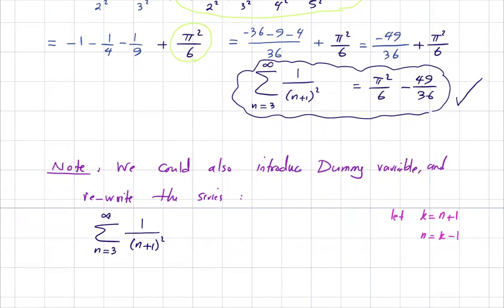So this can be written as the summation of 1 divided by, so far, k squared, all right? But where does my k start? When n is equal to 3, my k becomes 4. So your k starts from 4, goes to infinity. Now you can relabel it.